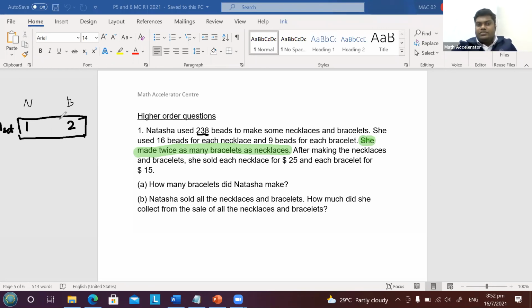Okay, so let's think about it. In one set there are 2 bracelets and 1 necklace, right? These 2 bracelets, how many beads will there be? Can you type in the chat? In this one set that has a minimum number of both, so 2 bracelets, how many beads will there be?